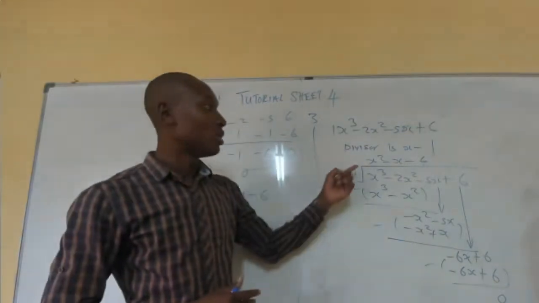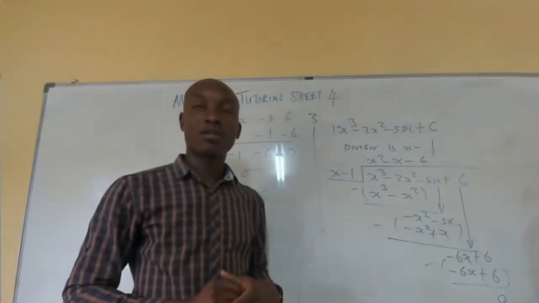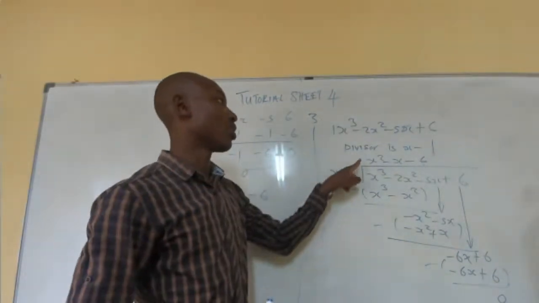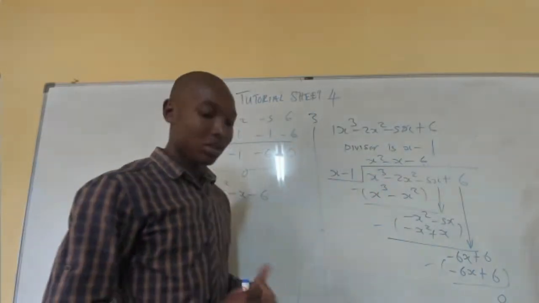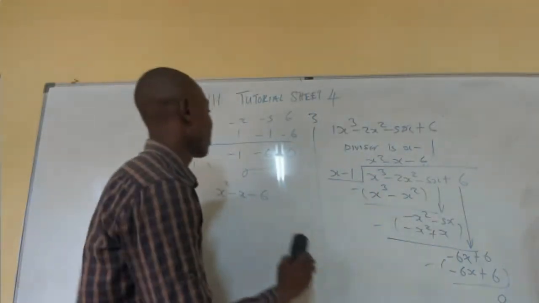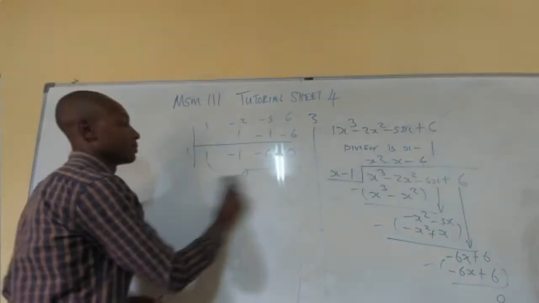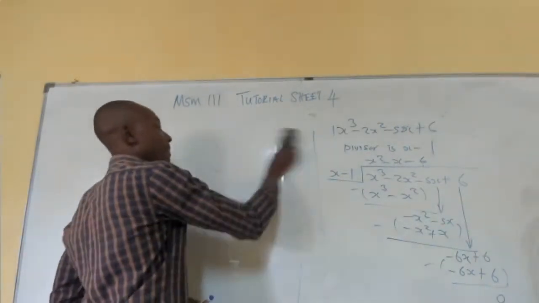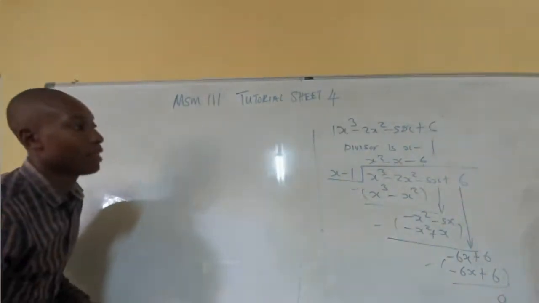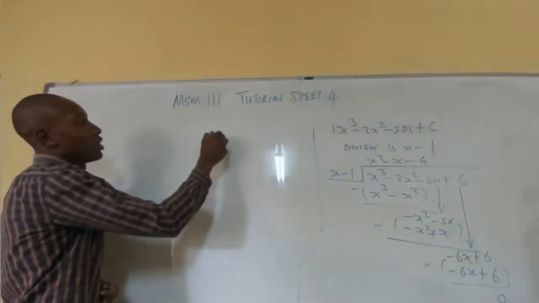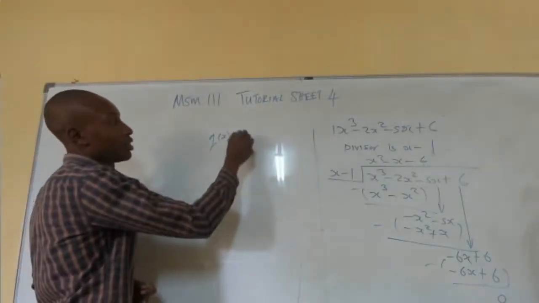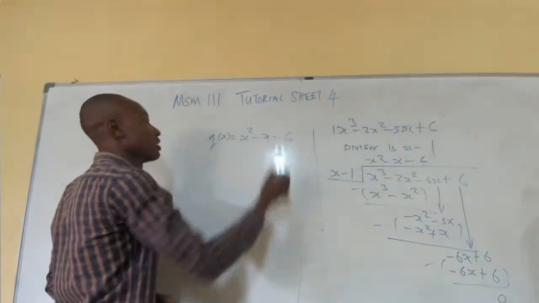Now we are going to deal with what we have there, which is the quotient. So how do we deal with the quotient? We're calling the quotient Q(x), and it's written as x squared minus x minus 6.